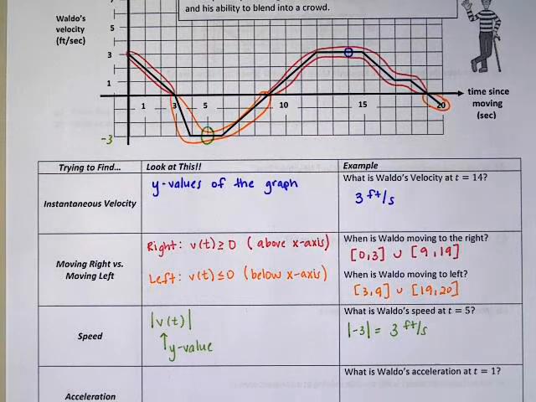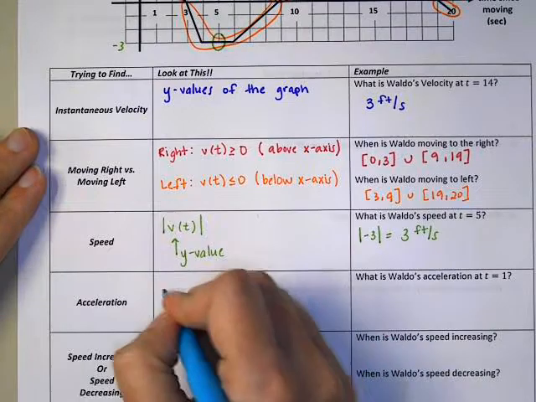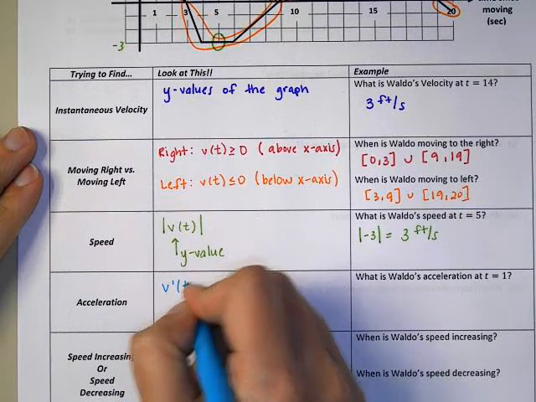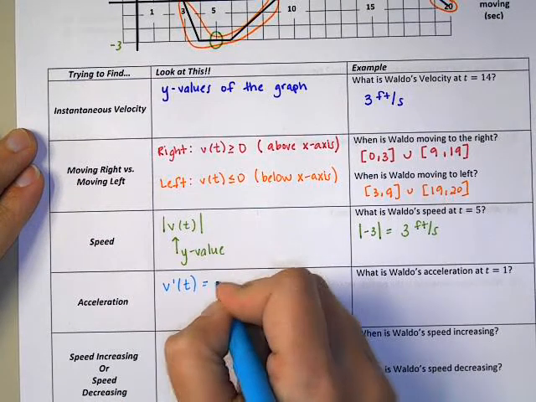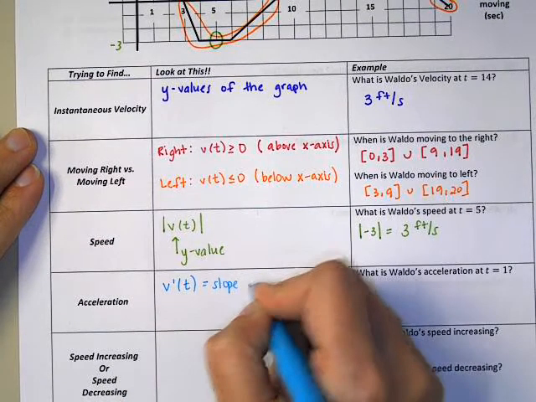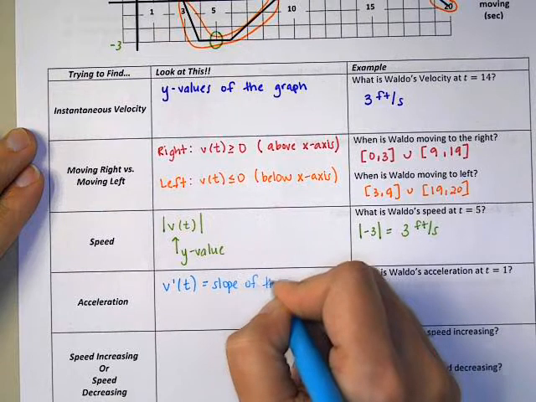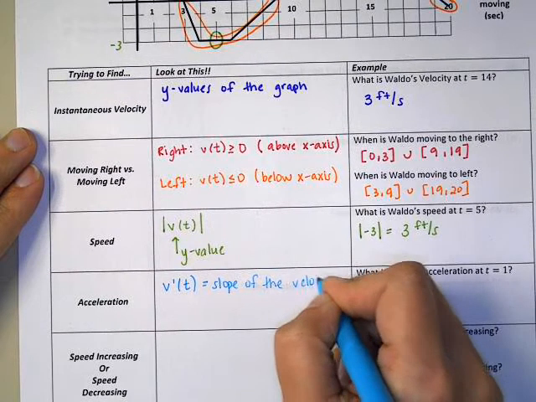Now acceleration is the derivative of velocity. In other words, this is the slope of the graph of velocity.